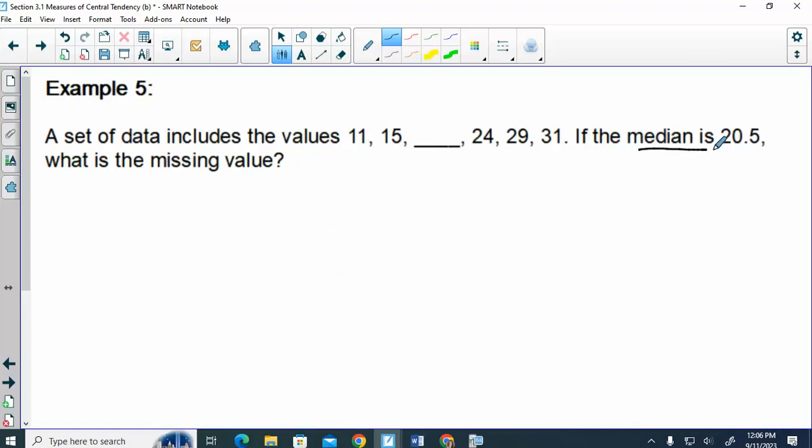The median, how do we get the median? It has to be in increasing order, which it is. So then we are finding the middle of our set of data. So we have 6 points. That means the middle is the combination of those. So if I call this x for a minute, that means x plus 24 divided by 2 was 20.5.